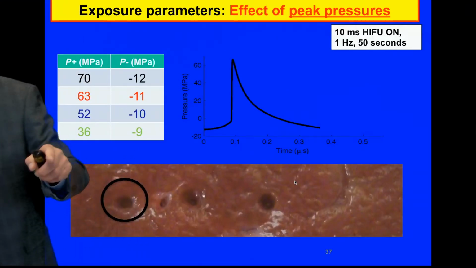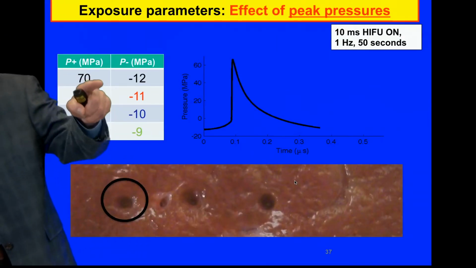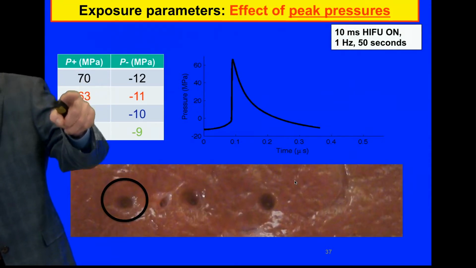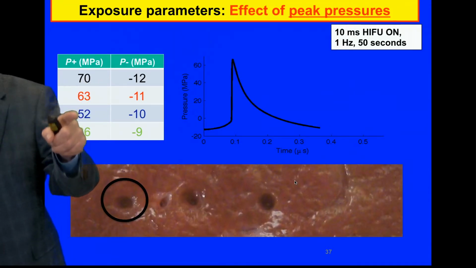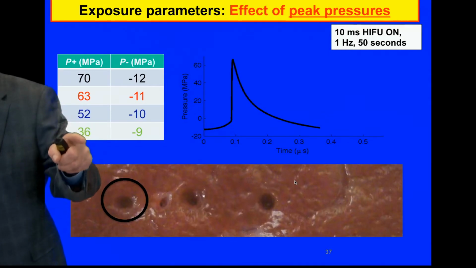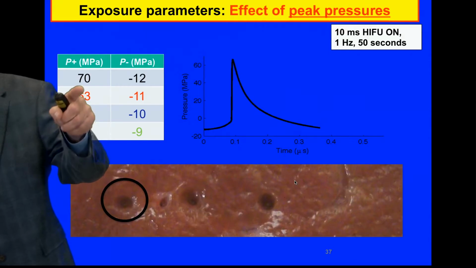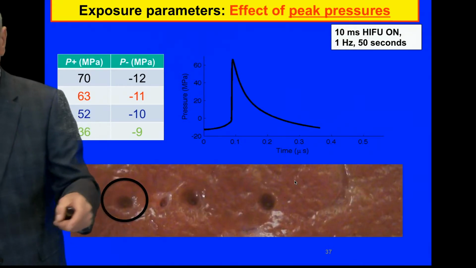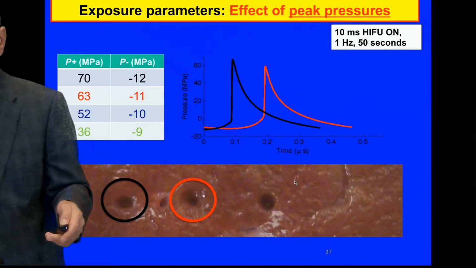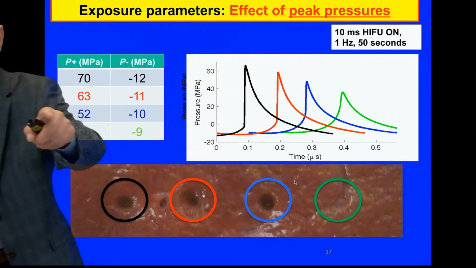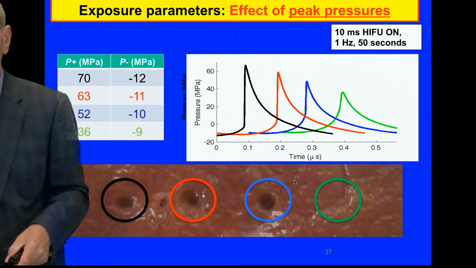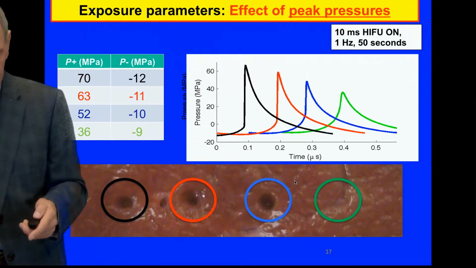If you have these particular pressure amplitudes, and these are no longer 180, you can reduce it down to moderate pressure amplitudes of 50 and 60 and 70, and you get now holes of different sizes depending upon the various amplitudes and so forth. Now, what is happening here?